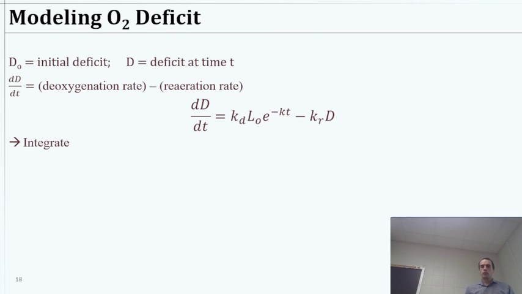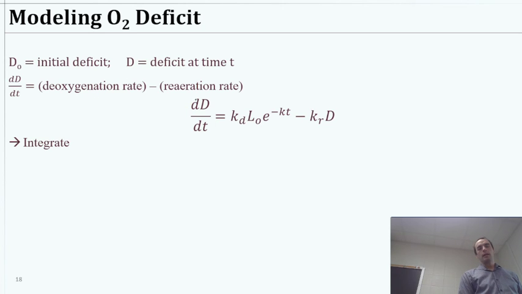Okay, so then let's talk about the mass balances and the equations here. So if we're going to derive an equation for the deficit over time, we could say the initial deficit is D naught. Deficit at some time t is, we'll just leave it as D. So the dD/dt is going to be the deoxygenation rate minus the reaeration rate.